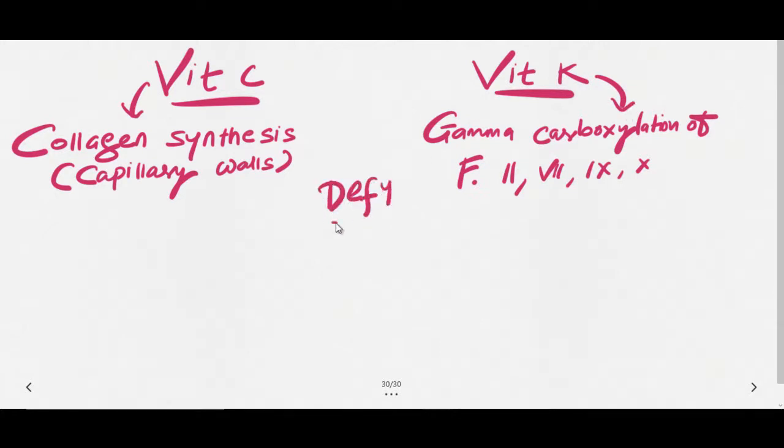Now, what if these two vitamins or any one of them is deficient? For example, in case of vitamin C deficiency, obviously the fragility of the capillary wall is increased because there is no collagen, or less collagen is formed.